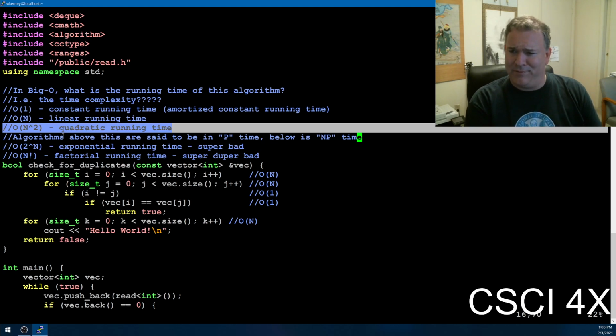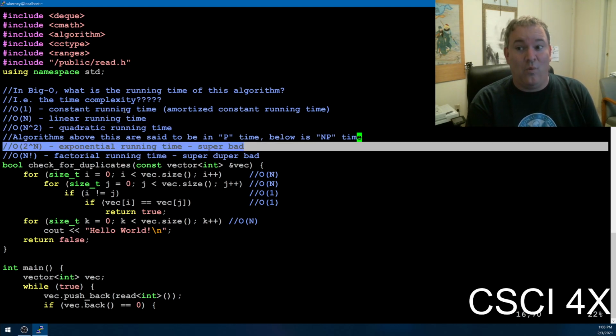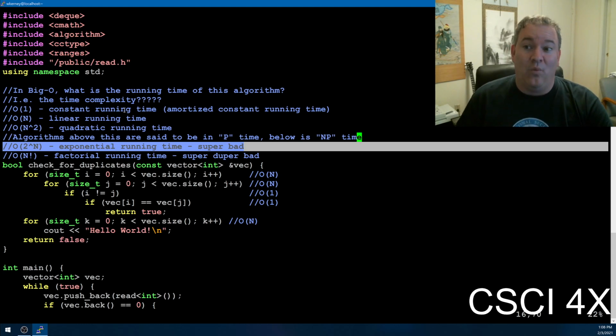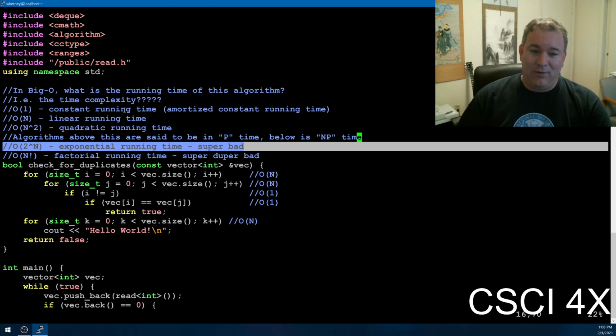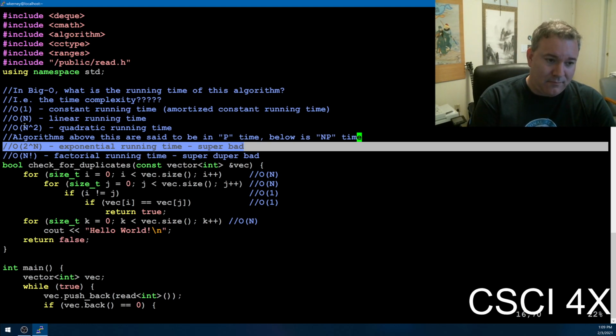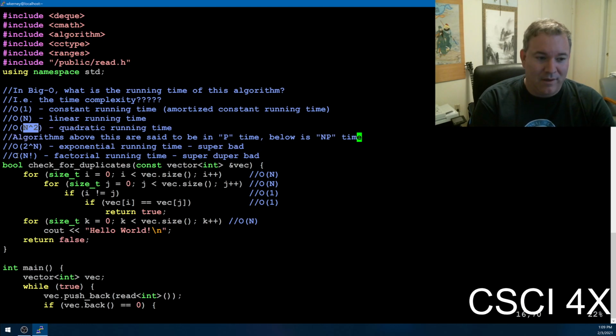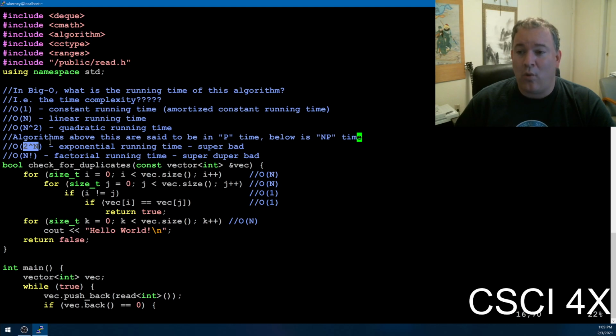But exponential is way worse by the time you get to like 100. 100 squared is 10,000. 2 to the 100th power is more than the atoms in the universe by quite a large factor, right? Exponential becomes intractable, unsolvable very, very quickly.